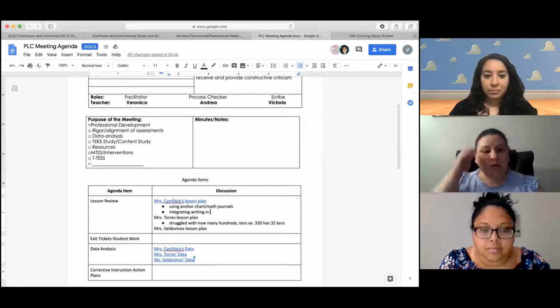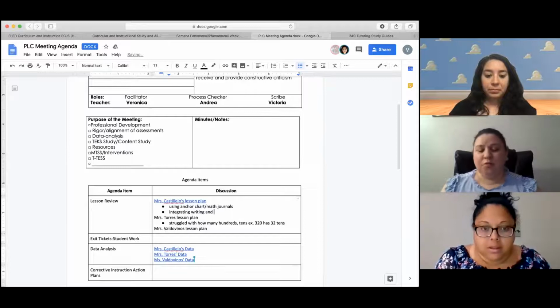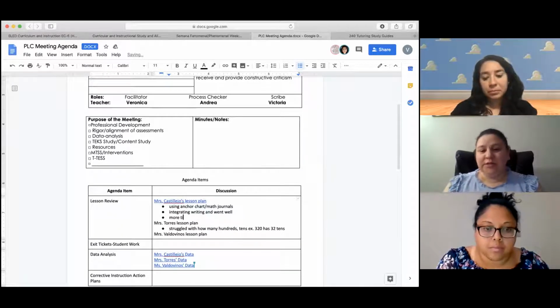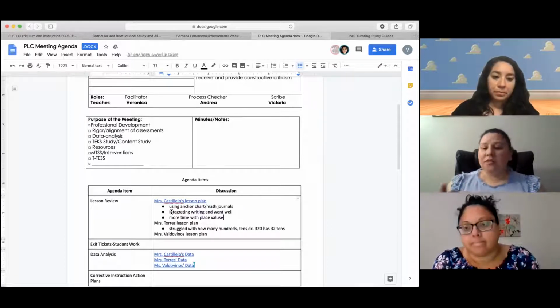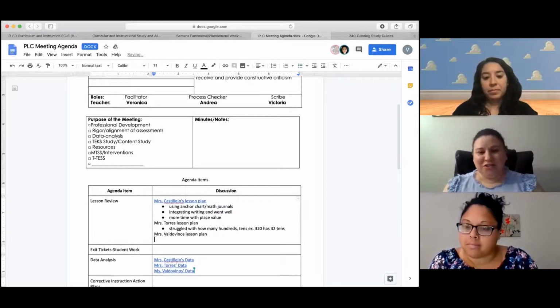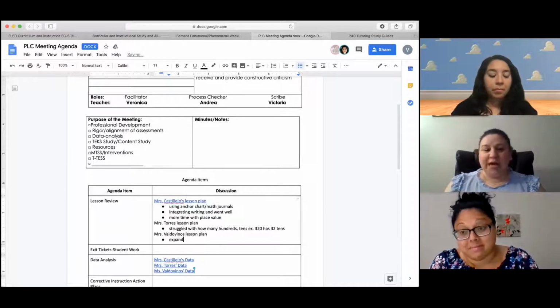Mm-hmm. So I think definitely they need more time with place value. I know it's one of the shortest units, especially in fifth grade. And so in fifth grade, they're a little better with that expanded notation concept, but it's still really hard for them to grasp.